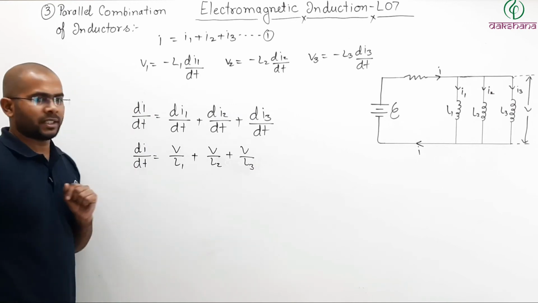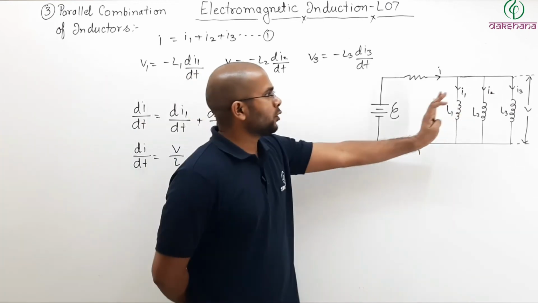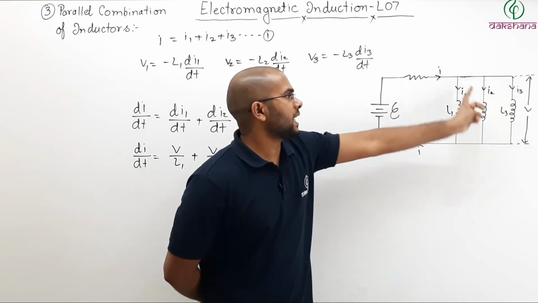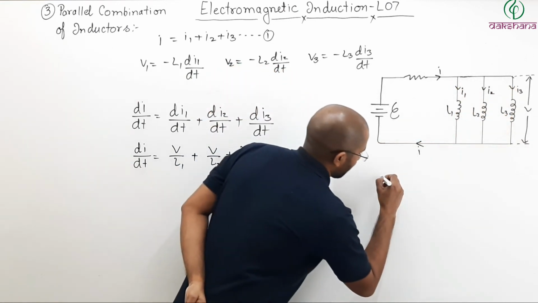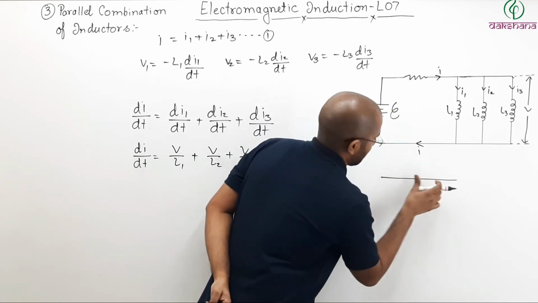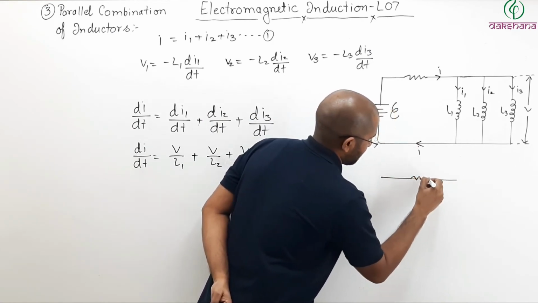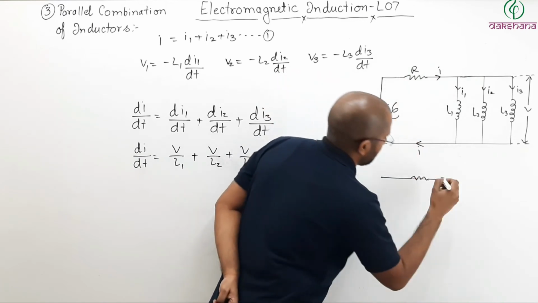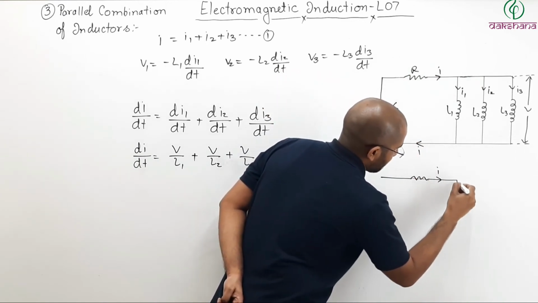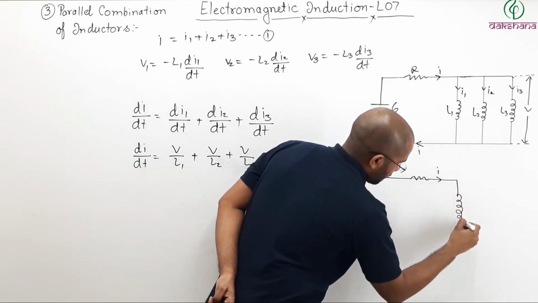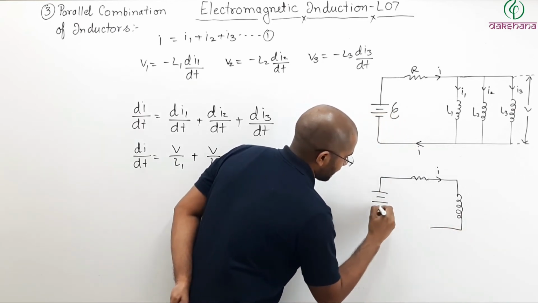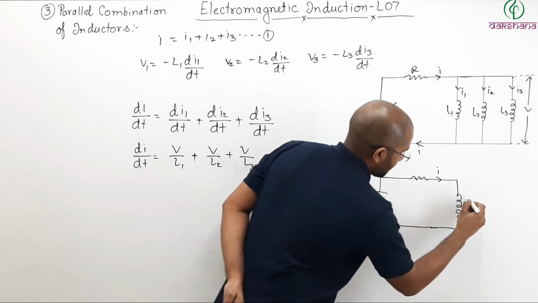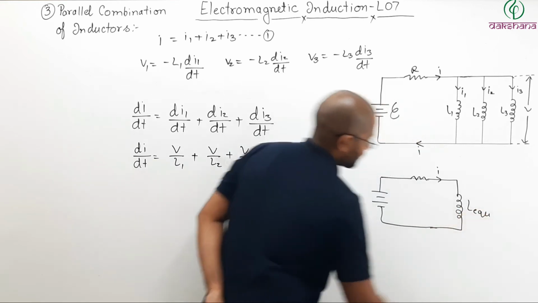And what is di by dt? If I remove all of them and place an equivalent inductor like this, here your resistor is there, let us write that R, and here current I is going. Here I removed every one of them and placed an equivalent, L equivalent.